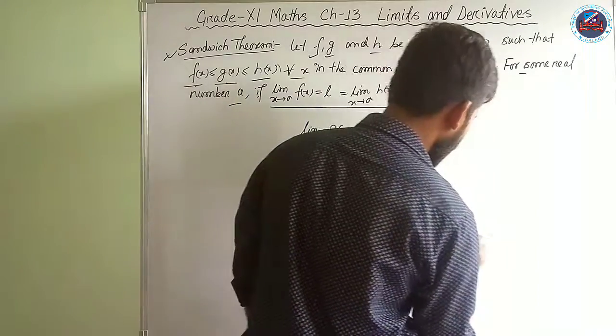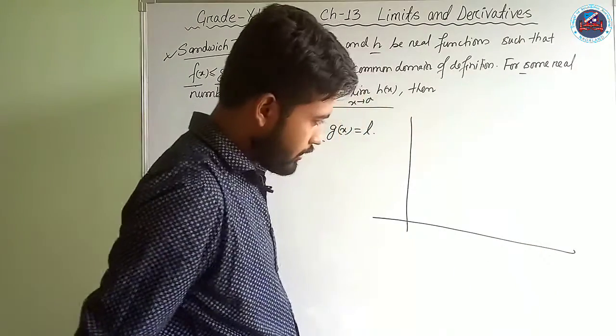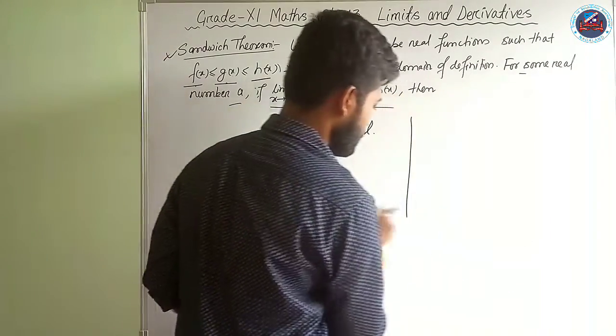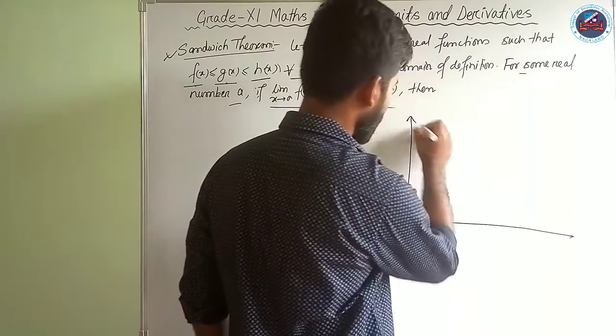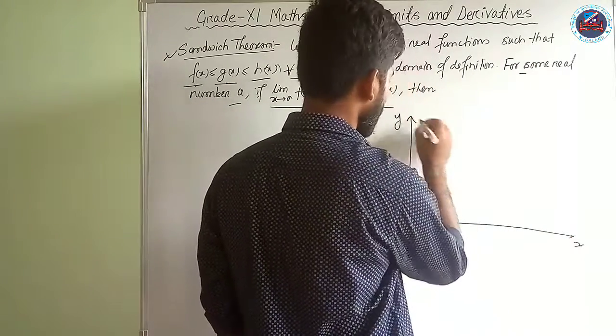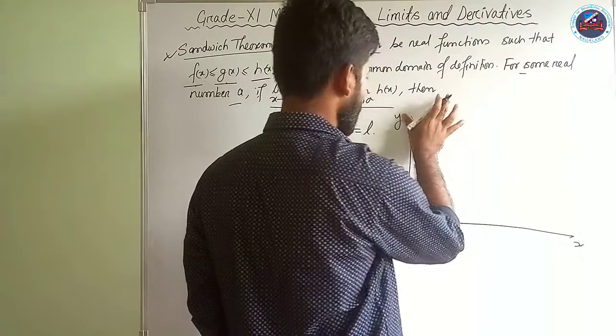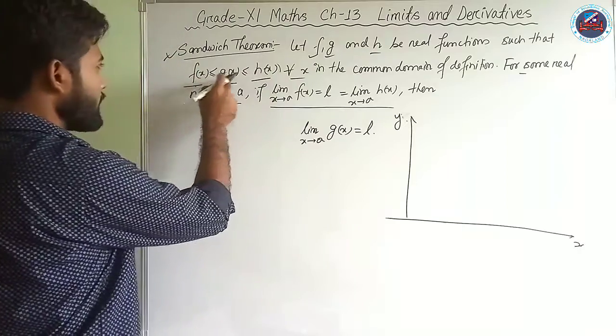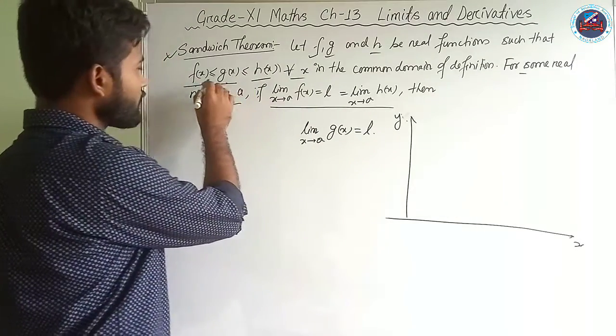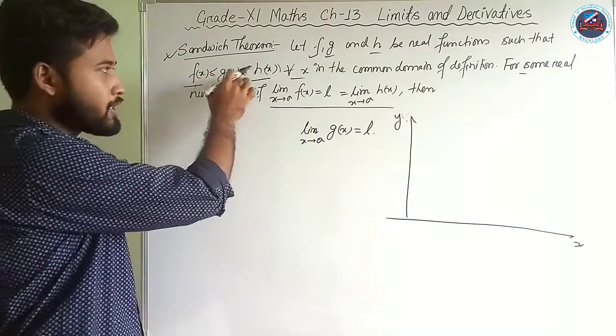Let me explain it like this. If this is the graph, here it is x and y. Now if I want to write these functions f(x), g(x) and h(x), the inequality used is: this is less than or equal to this, less than or equal to this.